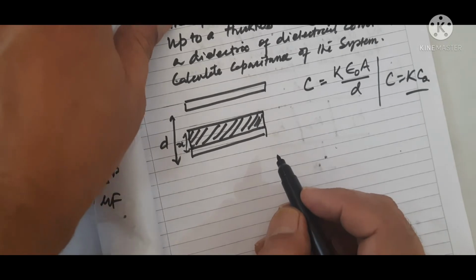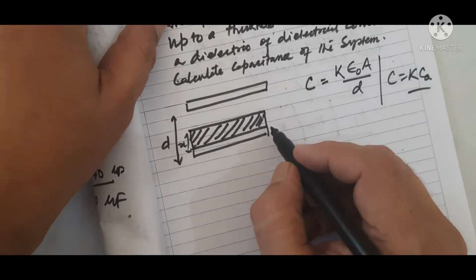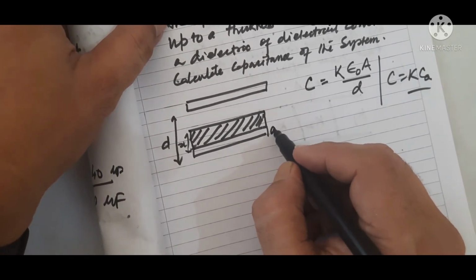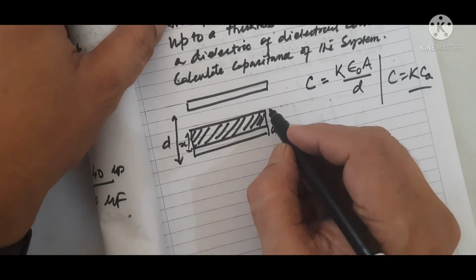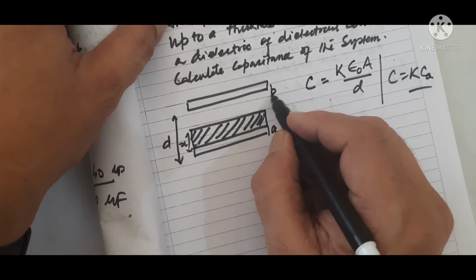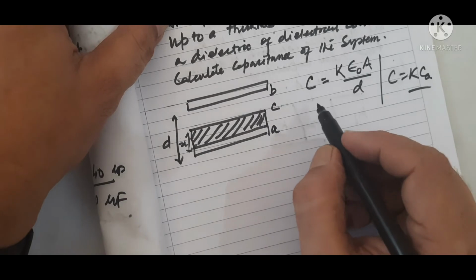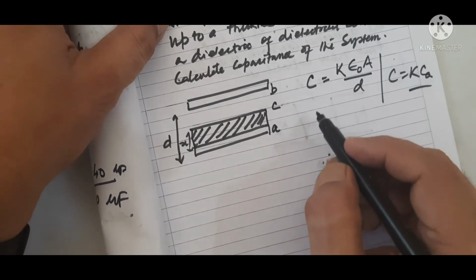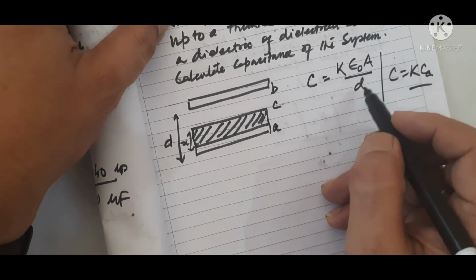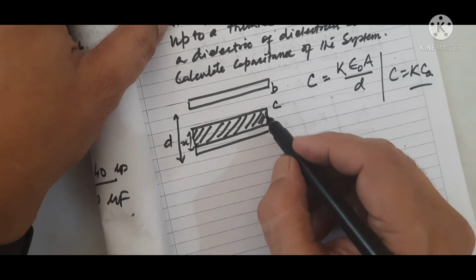If we mark the points A, B and C, then here C is equal to K epsilon naught A by d. This is in fact the capacitance.